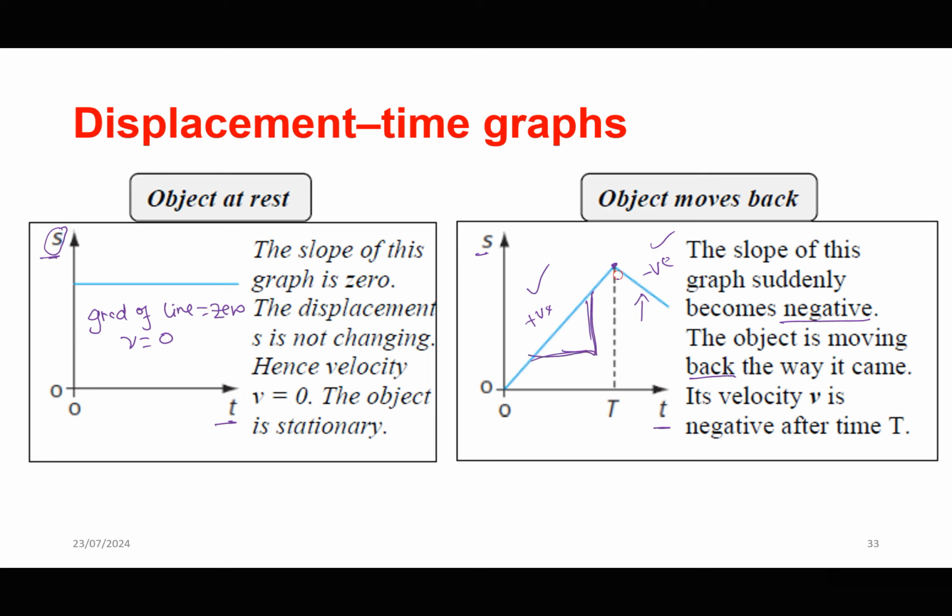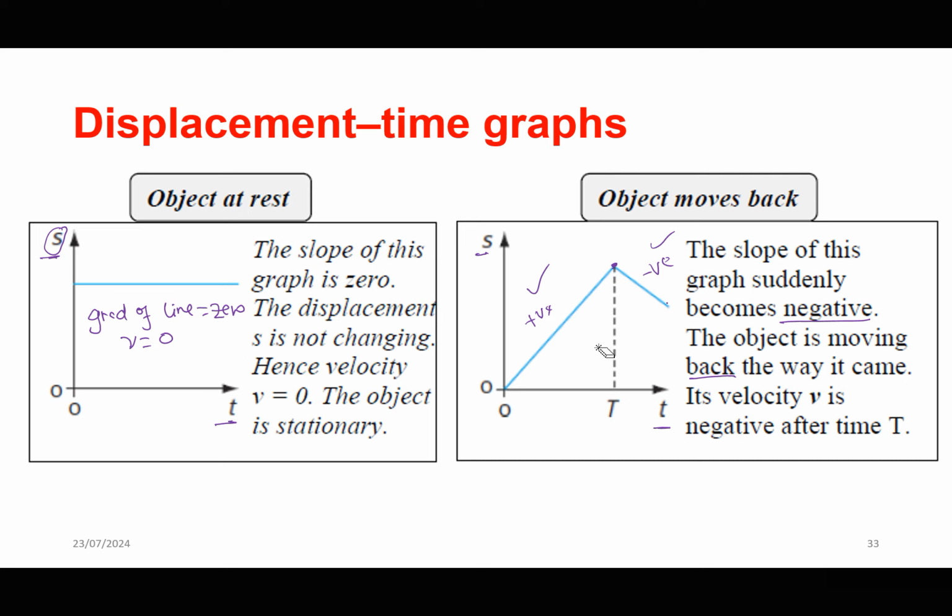In the second case, the gradient is negative for the other line. A negative gradient means the velocity is negative, and the minus sign of the velocity shows that the body is moving in the opposite direction, towards its starting position. It is moving backwards in the same line, of course.